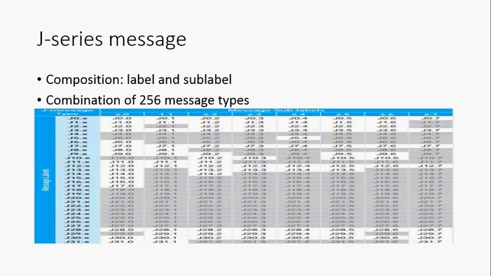So that allows, as we see in the picture, a combination of 256 message types. Observing the picture, we see that in this table we find, for example, the J7.4, the J10.5, and each of those is a different message with a different type of information. That means that it can be situational awareness information, some voice communication, and so on.